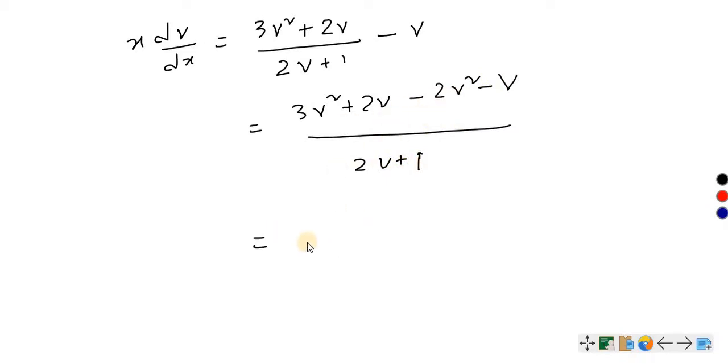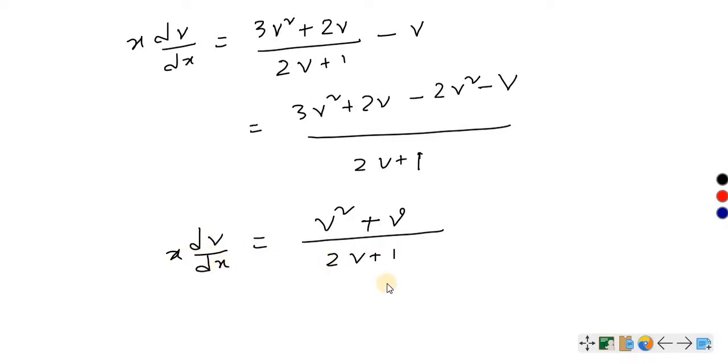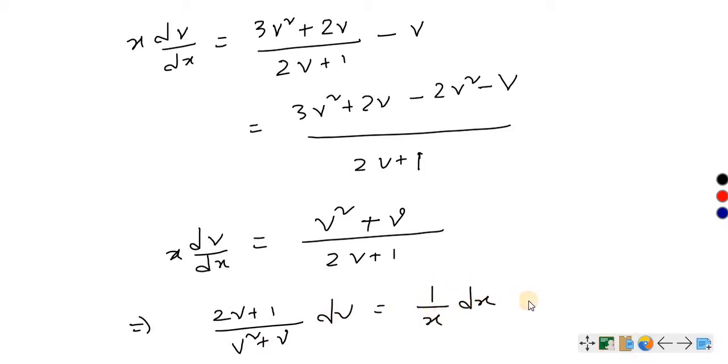So if you simplify it further, you will be getting v square plus v divided by 2v plus 1. So this is what we have got, that is x dv by dx is equals to this. Now let us take x on one side and v on the other side. So we can write that as 2v plus 1 divided by v square plus v dv is equals to 1 by x dx. Okay.